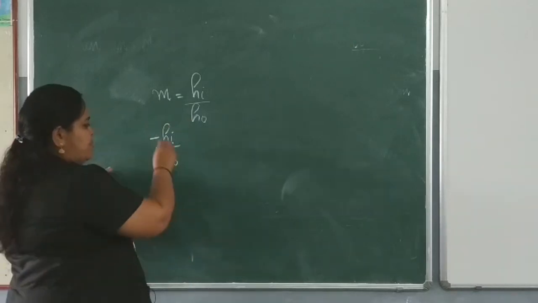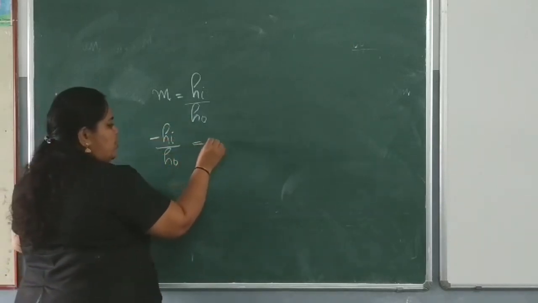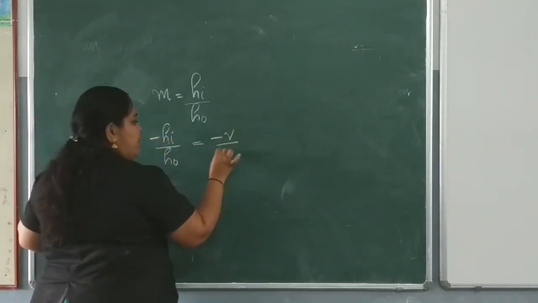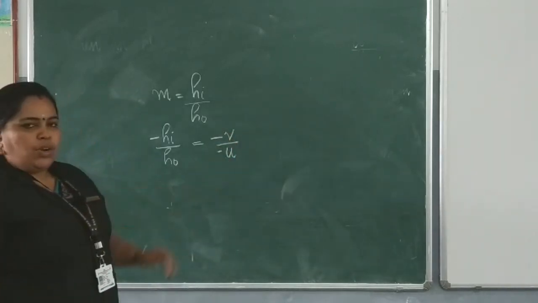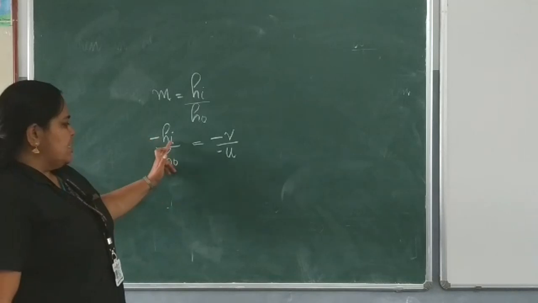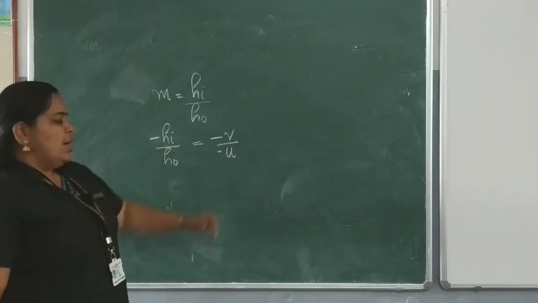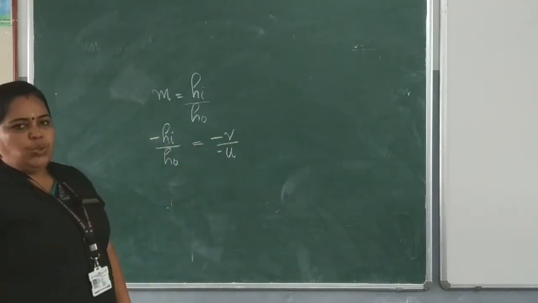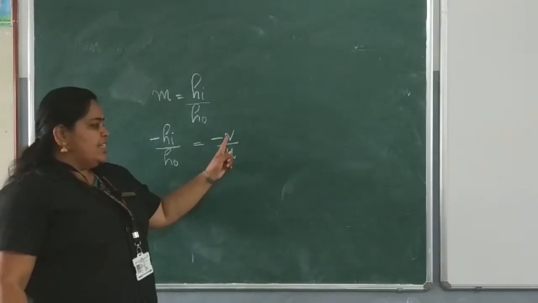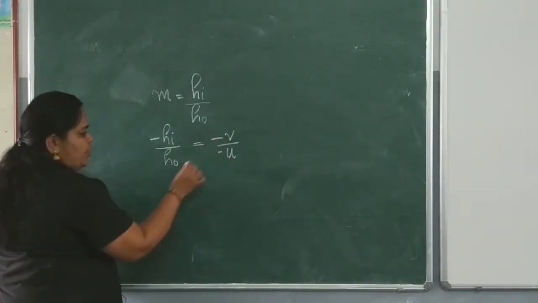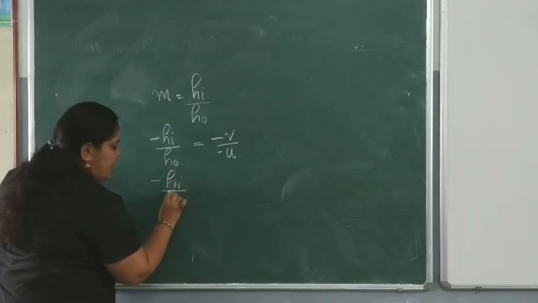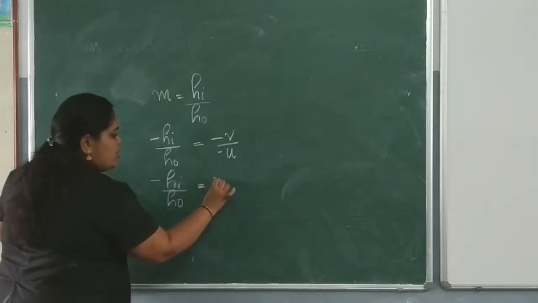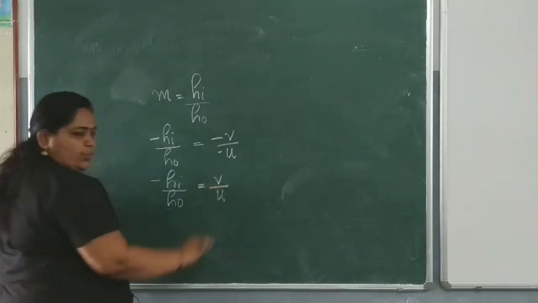We can write minus HI by HO is equal to minus V by minus U. In the case of a concave mirror, negative and negative get cancelled, so minus HI by HO is equal to V by U.